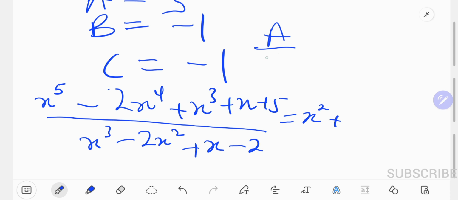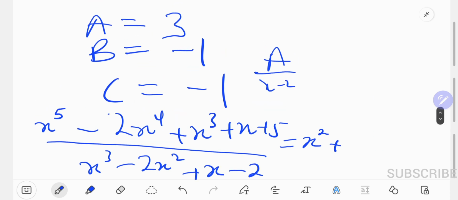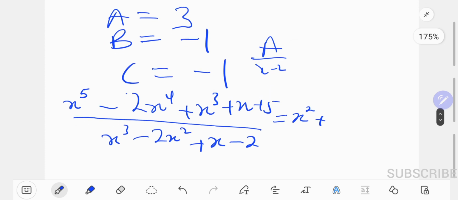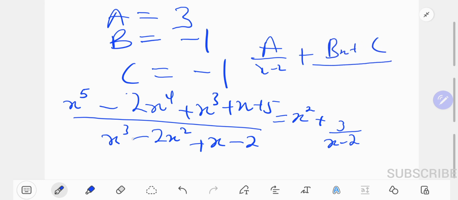We had a over x minus 2 and a is 3, right? So this is going to give us 3 over x minus 2, then plus bx plus c over this whole thing.